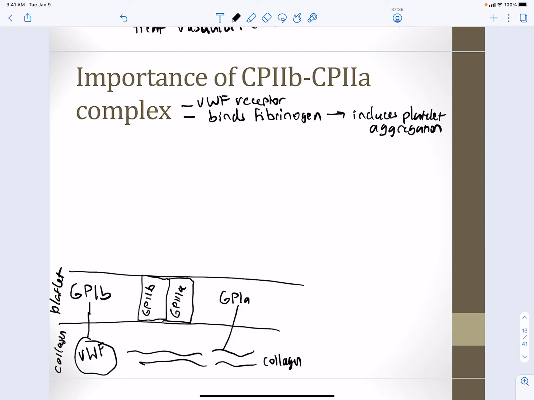Okay, so the most commonly inherited platelet dysfunction is a disease known as Glanzmann thrombasthenia.